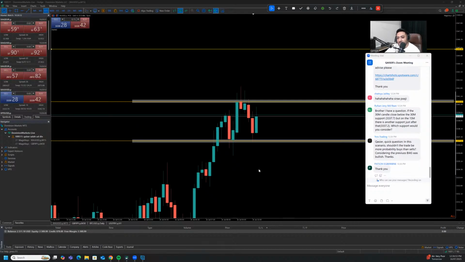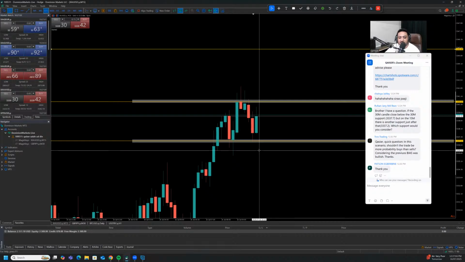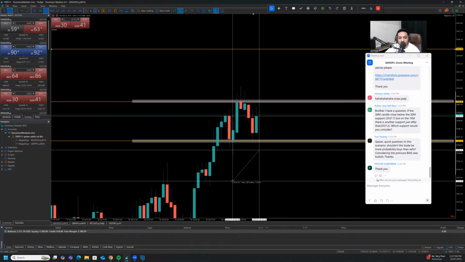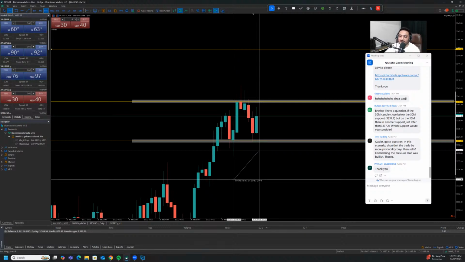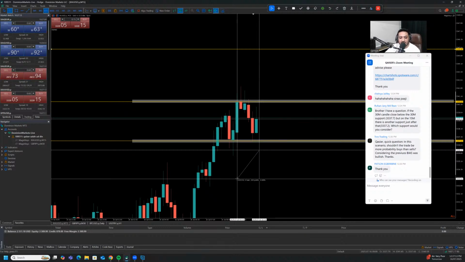Brother, I have a question. If the 30-minute candle closes below the 30-minute support, 33, 37, but on the 50-minute there is another support just after, which support would you consider? I would say, suppose a 30-minute candle closes below the support area, still there's a 30 pip range on the left hand side. So if you're getting scared, suppose it went in your favor like 20 pips, and you're getting scared there, it can be rejected from the minor support of the 50-minute time frame.